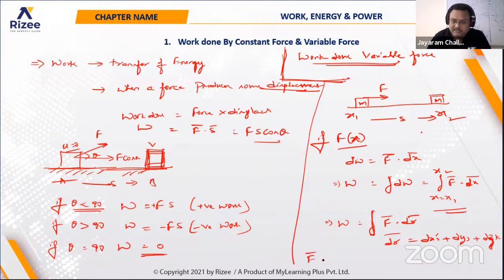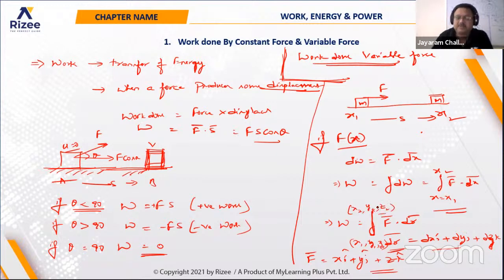Suppose f bar is equal to some x i plus y j plus z k, then you need to take the position vector with respect to the origin and substitute the limits from x1, y1, z1 to the values x2, y2, z2.